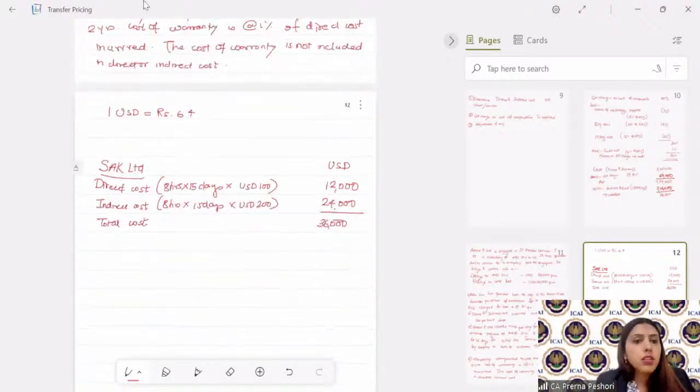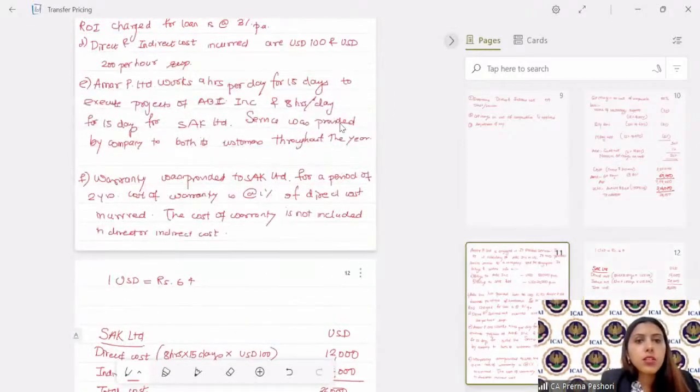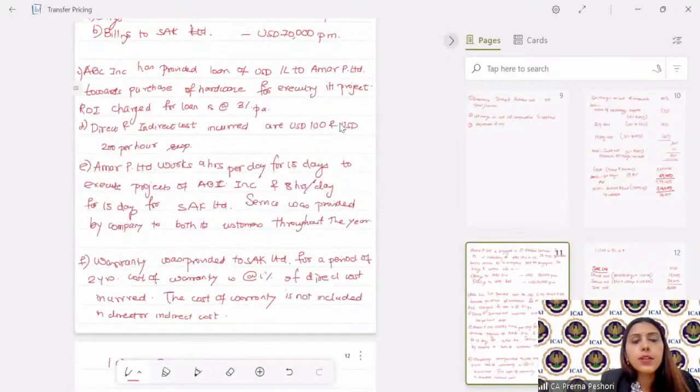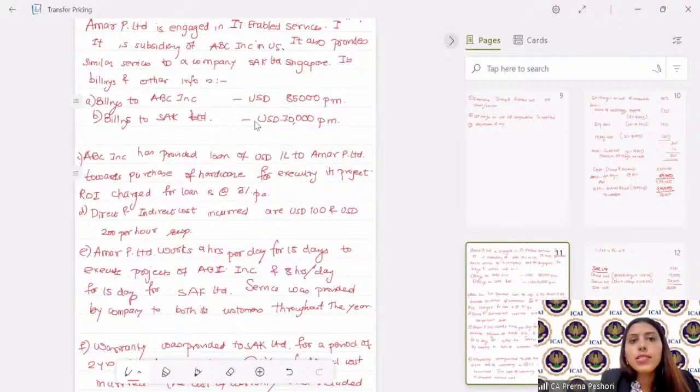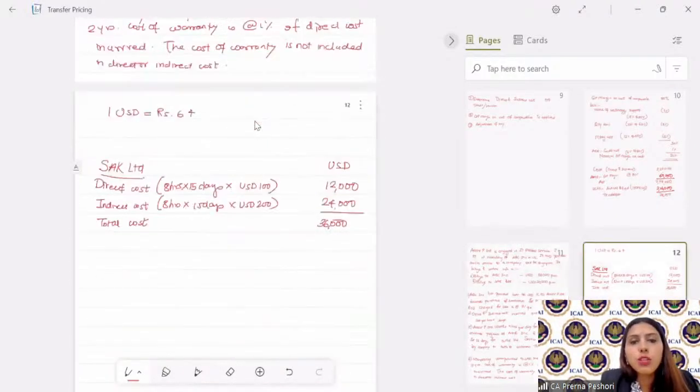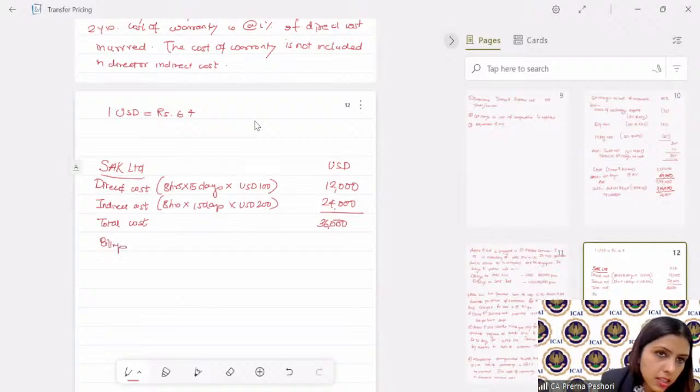Isn't it? Now, what is the billing per month? Billing to SAK is USD 70,000 per month. So billing is 70,000, right?